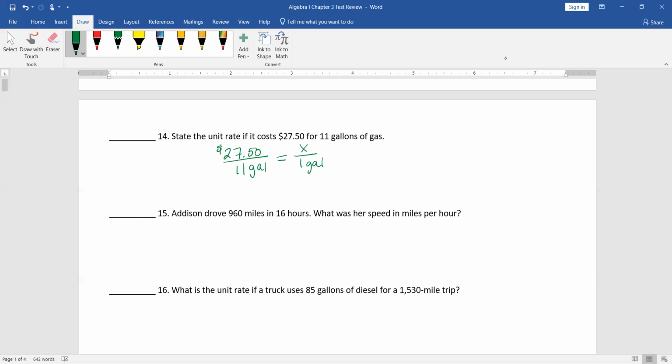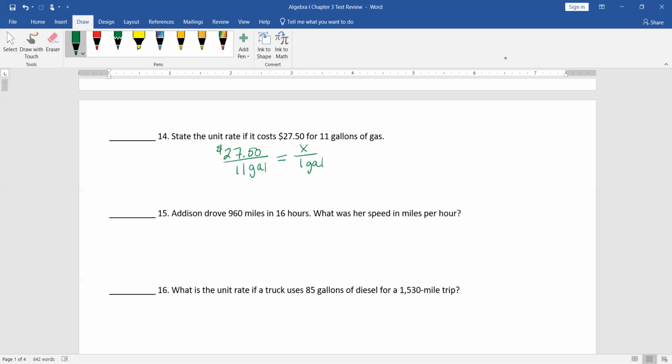This is your unit multiplier. A unit multiplier usually has a 1 in either the denominator or the numerator, but we're looking for the ratio between these two. So we're asking, if we fill up a whole tank with gas and it's $27.50, how much are we paying per gallon?